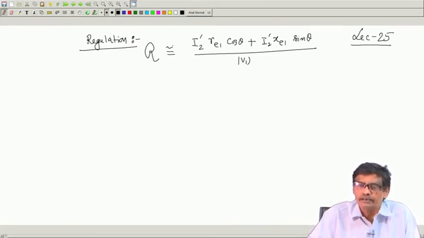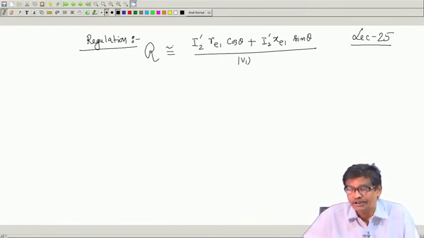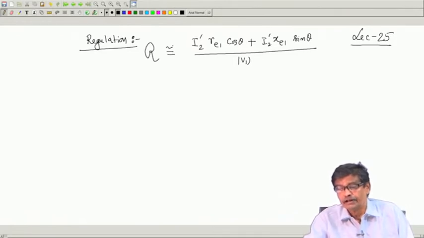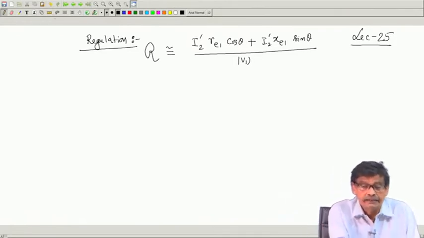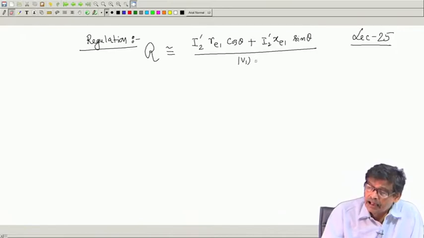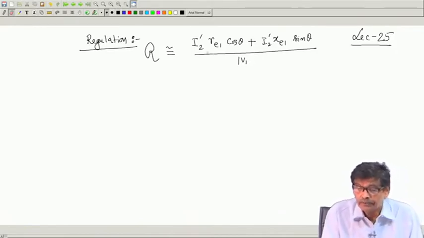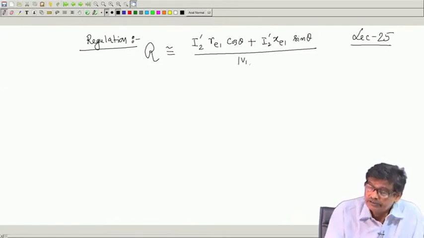If the rating of the transformer is very large kVA with large voltage ratings, getting that value of load in the laboratory is out of the question. Therefore, these expressions come very handy, and this is a very widely used formula. So, this is the approximate one.